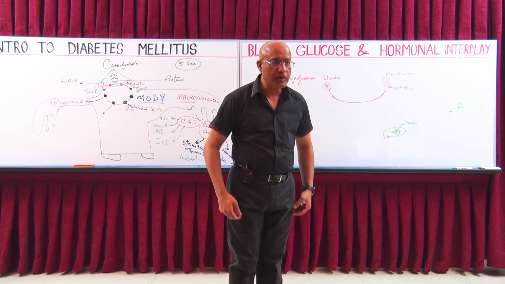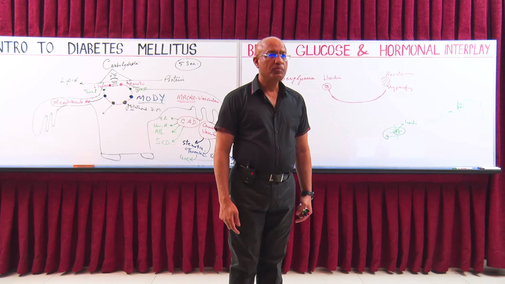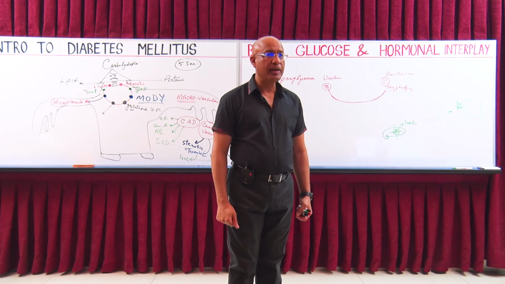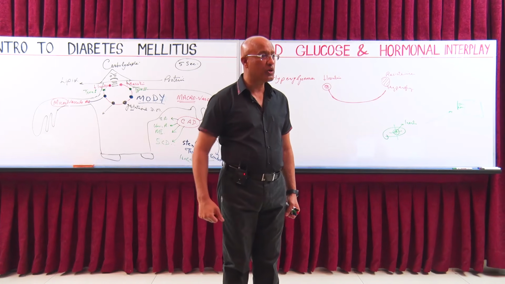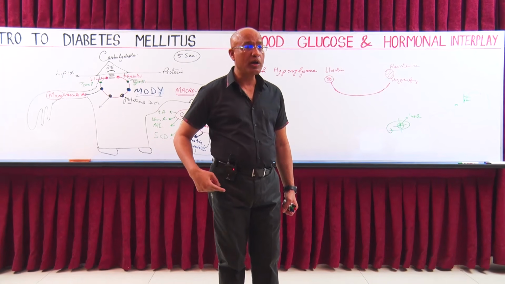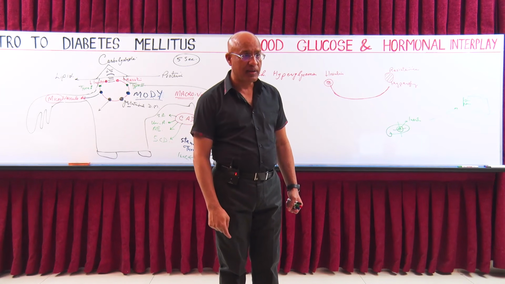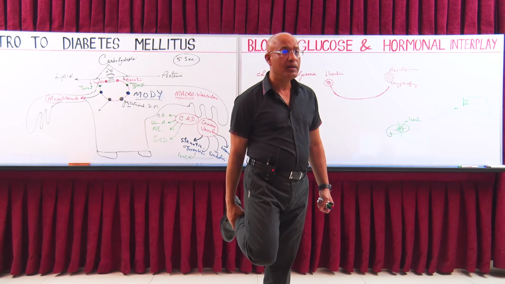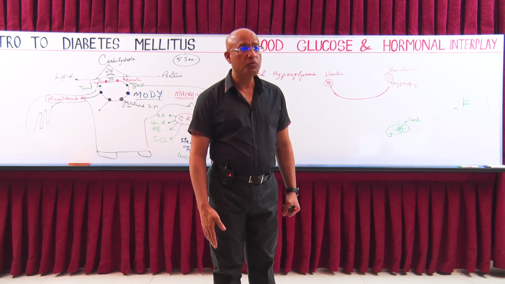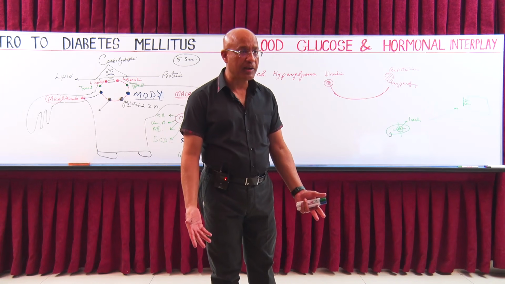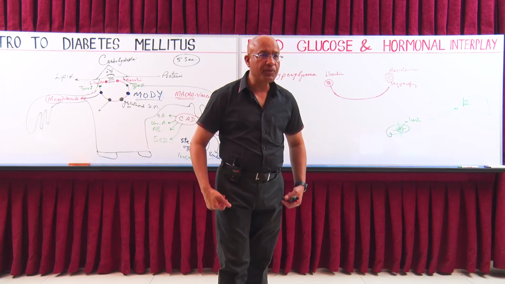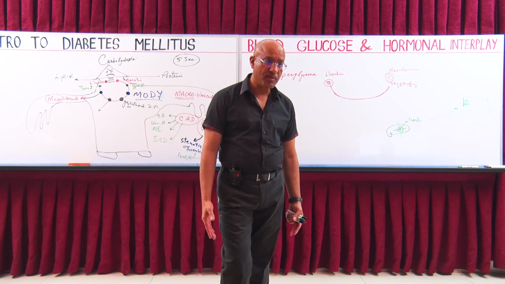Those atheromas contribute to diabetic foot disease, because atheromas with overlying thrombus or embolus may lead to ischemia of the foot. We call it foot vasculopathy in diabetic patients. So peripheral vascular disease can be there.